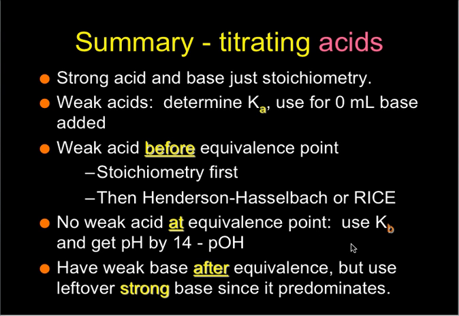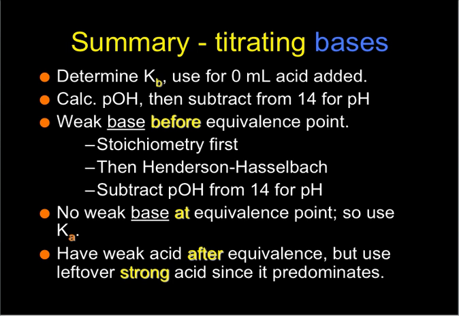Remember, Ka times Kb equals Kw. When you do that, you'll calculate the pOH, and to find the pH, you'll have to subtract that from 14. So at the equivalence point and beyond, you'll have to use Kb when calculating the pH. And of course, the reverse is the case when titrating bases with acids.